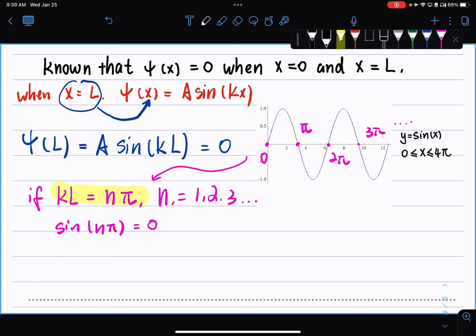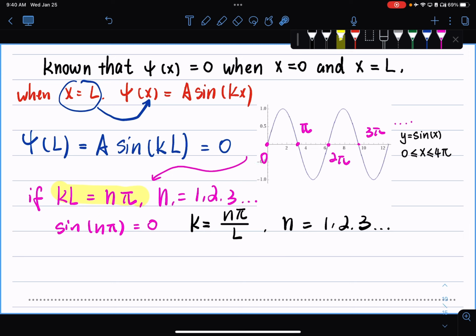So solving for k, what we have is k equals n pi over L, where n equals 1, 2, 3, etc., as long as it's an integer. Nothing fancy here. We're just looking at the sine function and trying to find where it equals 0. What we identified is that my sine function equals 0 whenever you have n pi.